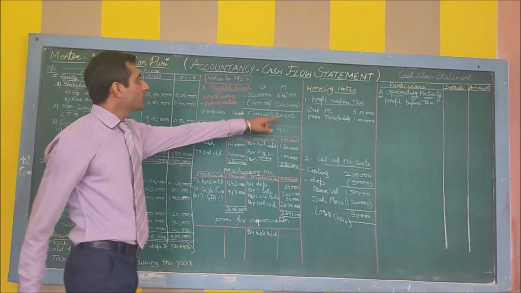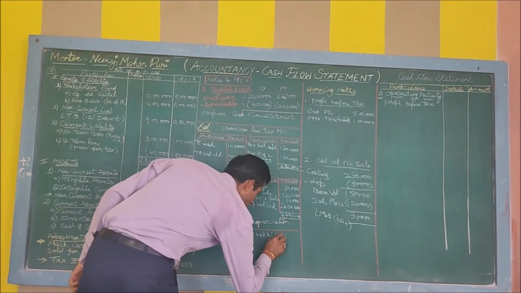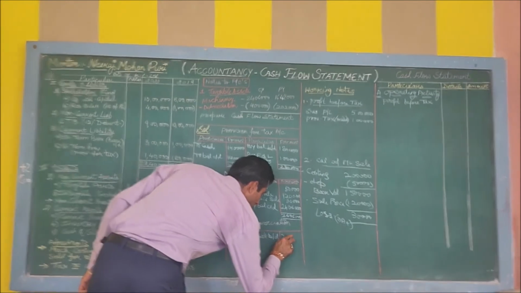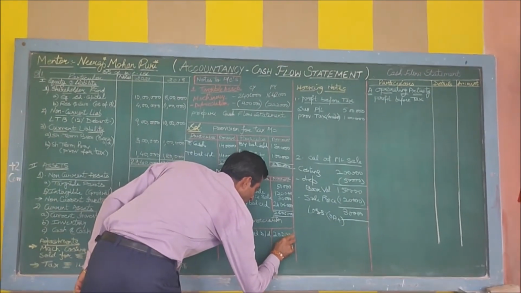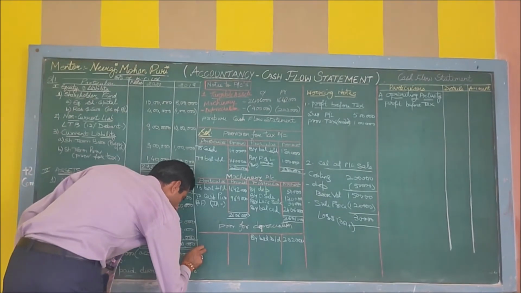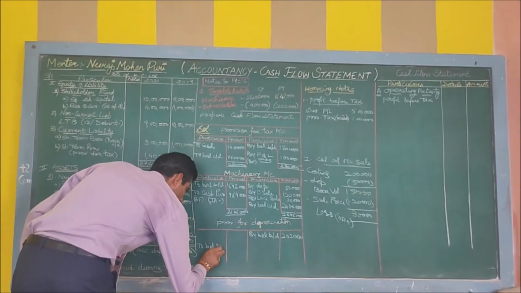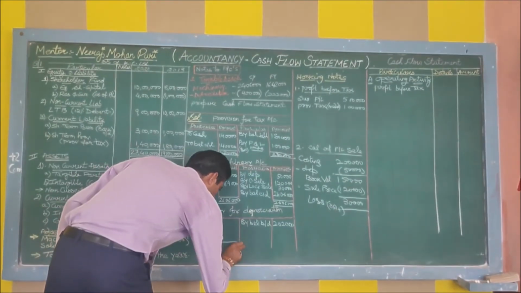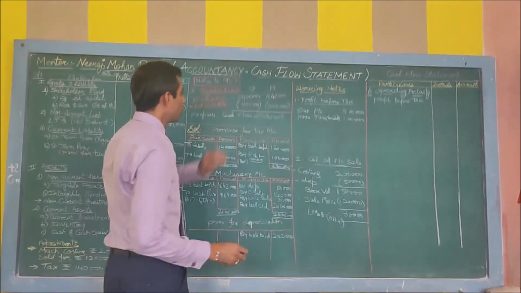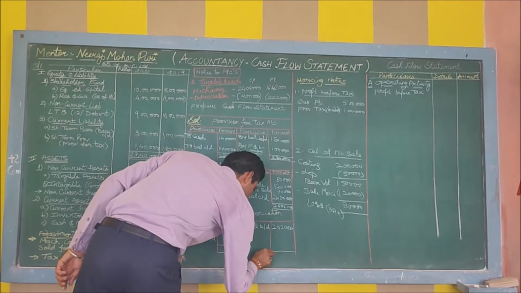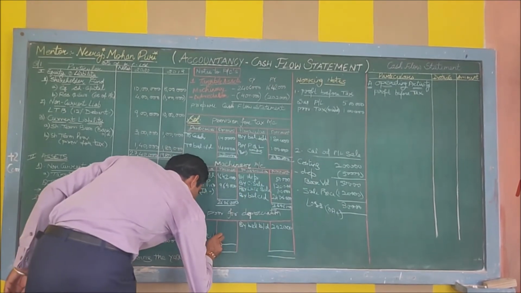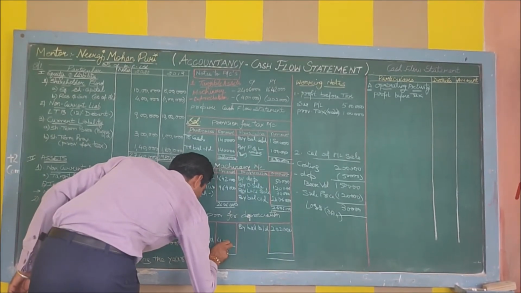This will be the previous year value 2,02,000. Leave one line on the debit side and then do balance carried down. Carried down value is 4 lakh.